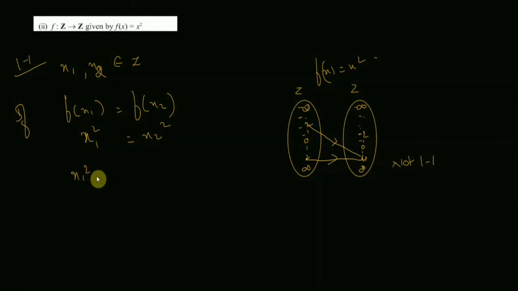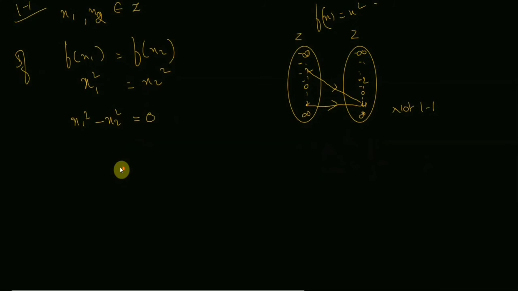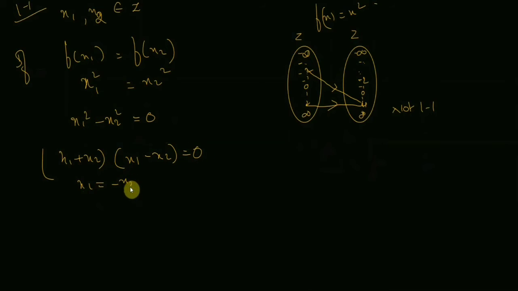That means x1² − x2² = 0, that is (x1 + x2)(x1 − x2) = 0. So x1 = −x2 or x1 = x2. If you have taken x1, x2 with f(x1) = f(x2), we have to prove x1 = x2, but x1 is equal to −x2 also.